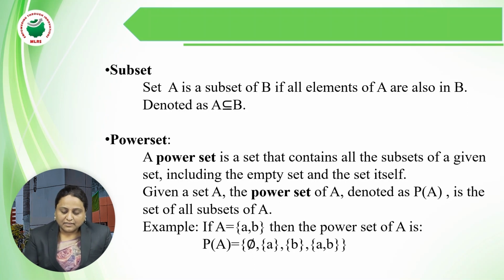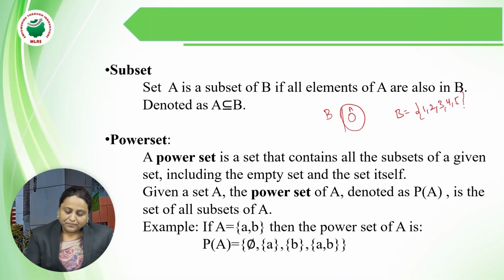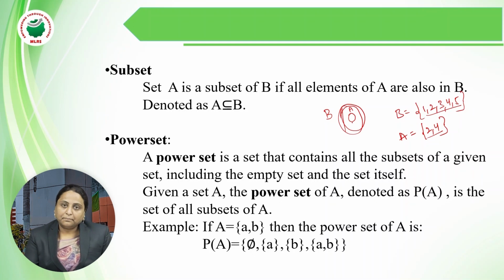For example, let us consider there is a set B containing elements, and A is a part of this B, a sub part of B. So you can say A is a subset of B. That is, if B has the elements 1, 2, 3, 4 and 5, and A has the elements 2 and 4, we observe that B has the elements from 1 to 5 and A has a part of it, a sub part, 2 and 4. So you can call it A is a subset of B.